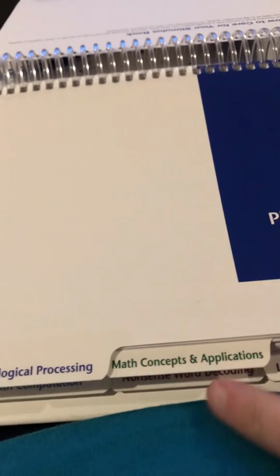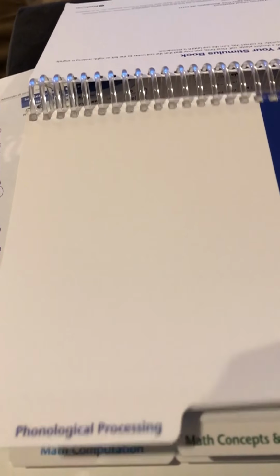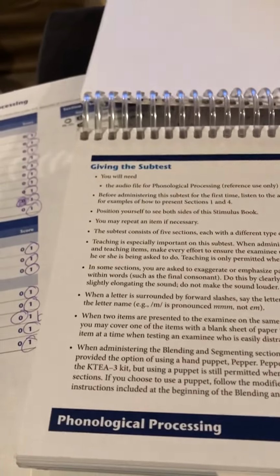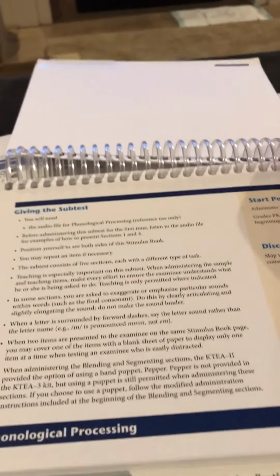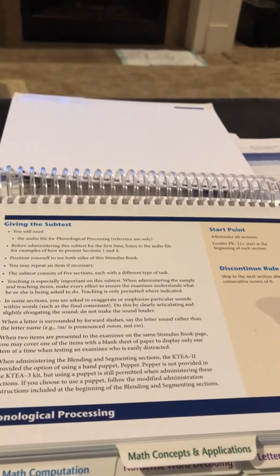And if we open it up, we're starting with phonological processing. We have all of the tabs here for the different tests the students are going to take. And one side is directions for you, and the other side is something sometimes that you show the students, not always.